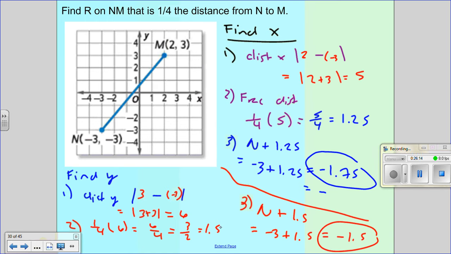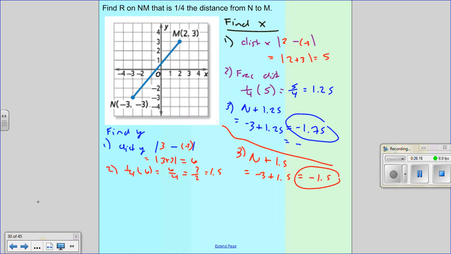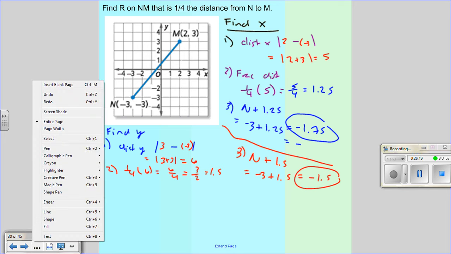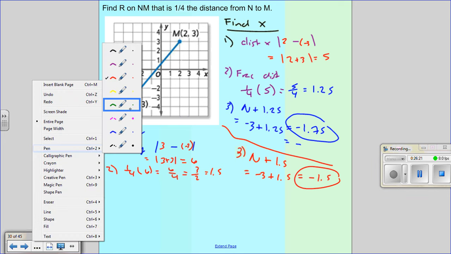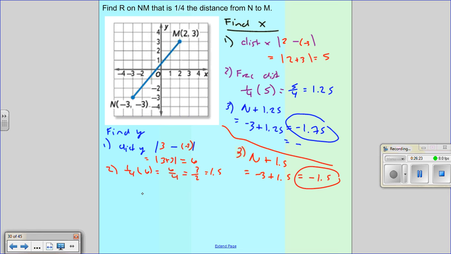So this is the y value. So the final step is just write it as a coordinate. Put your x piece and your y piece together. So point R is going to be located at negative 1.75, comma, negative 1.5.